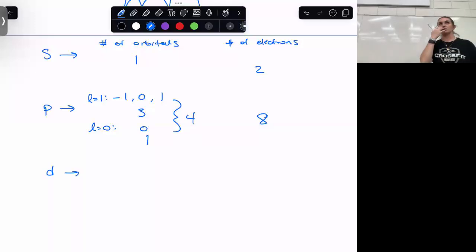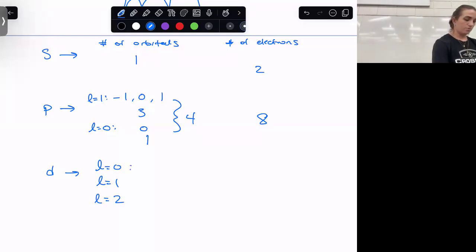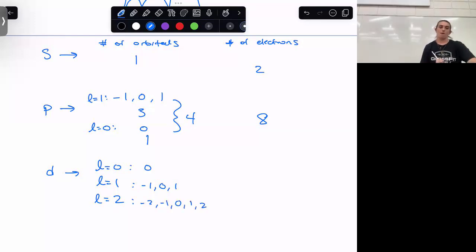When we have the D subshell, what are our options for L? So for M sub L, we can have 0, we can have -1, 0, or 1. We can have -2, -1, 0, 1, and 2. So how many total orbitals are in the D subshell?